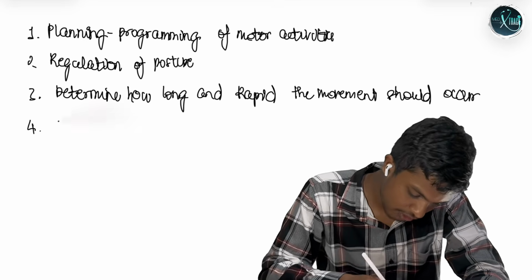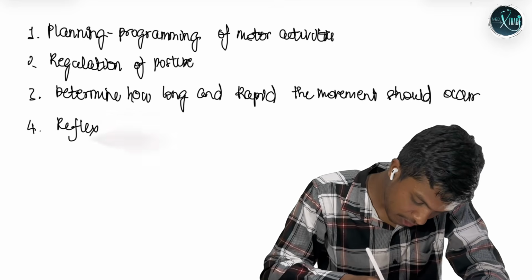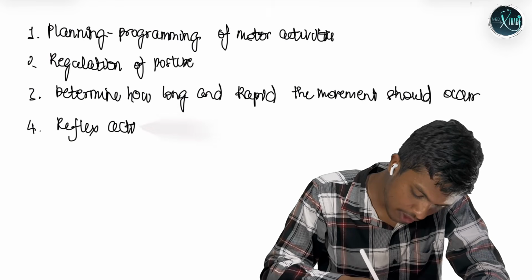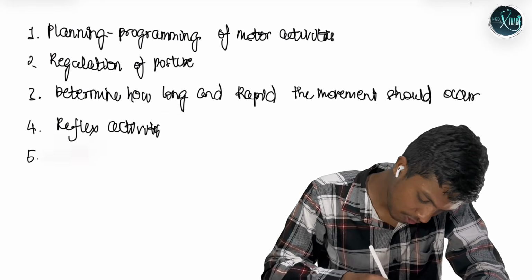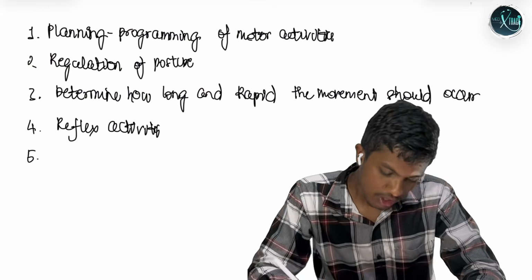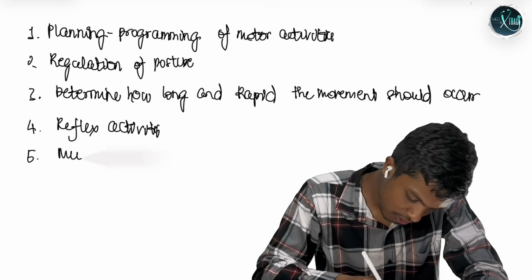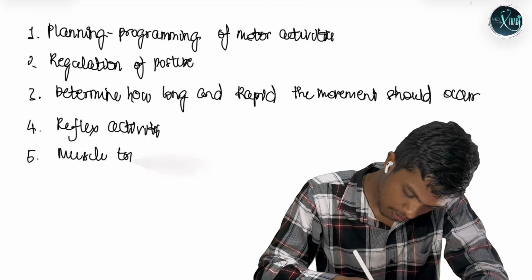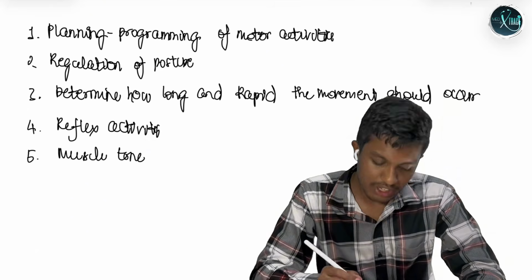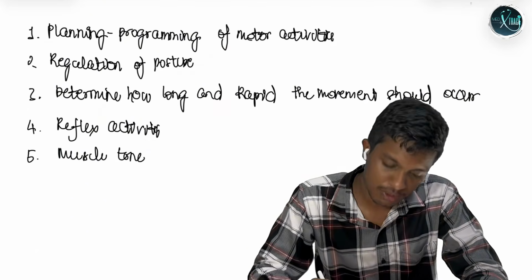It controls the reflex activity, especially the motor reflex activity. Then fifth one is that it regulates the muscle tone. Usually it depresses the muscle tone via muscle spindles.